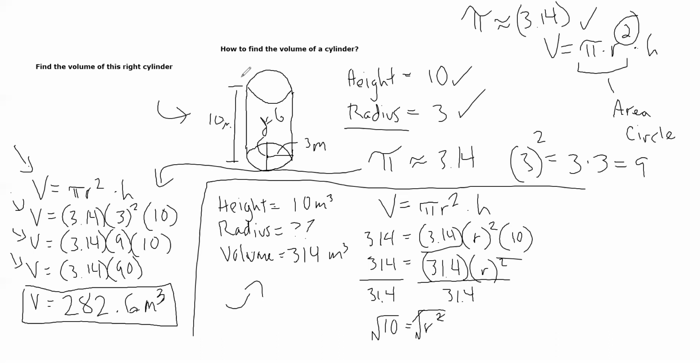If you're doing this on a regular calculator, like an Android calculator, you have to put the square root symbol first, and then plug in the number after. If you're doing this on an Apple, then you need to put the number 10 first and then look for the symbol that looks like that. Look for that symbol, and then you press it and it'll give you the same answer.